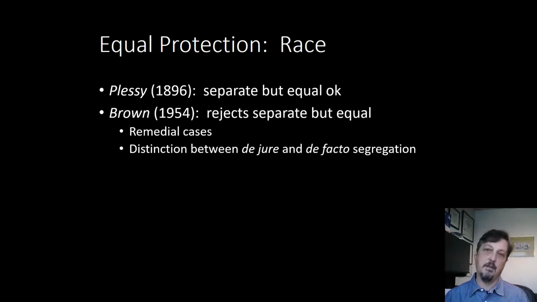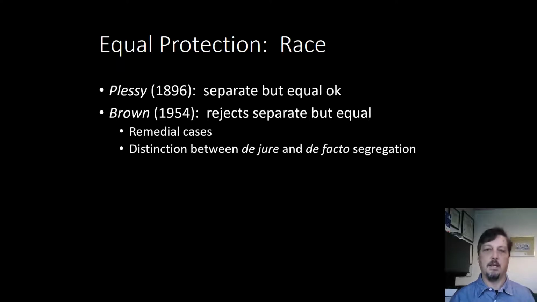In particular, note the trend, as time went on, toward distinguishing between de jure segregation, that is, segregation that's enforced by law or historically was enforced by law, and de facto segregation, which is segregation that arises not by operation of law but by other incidental facts, like, for example, where people happen to live.